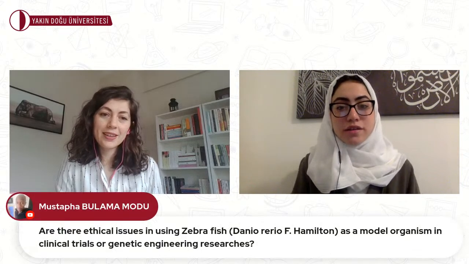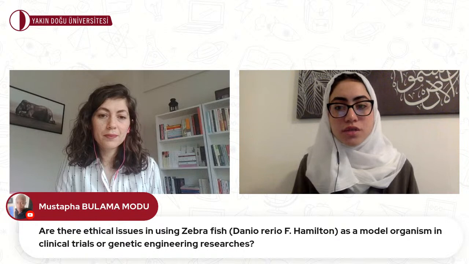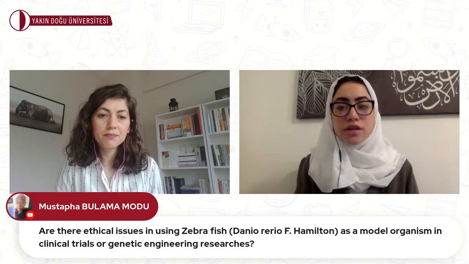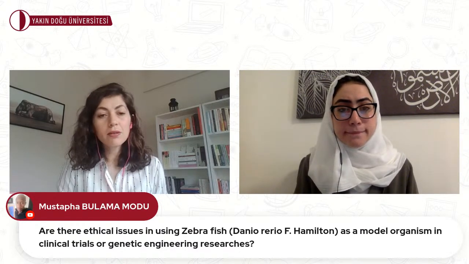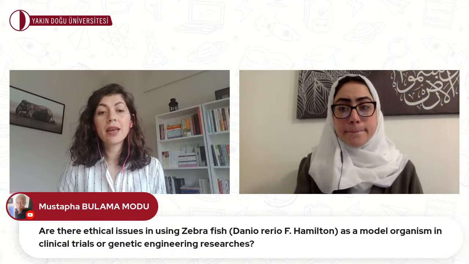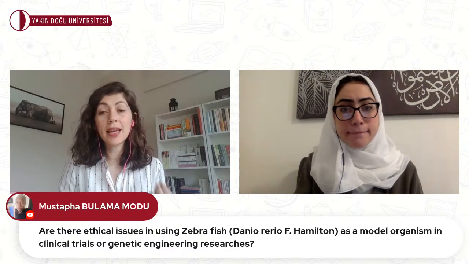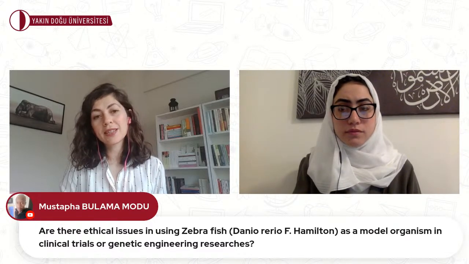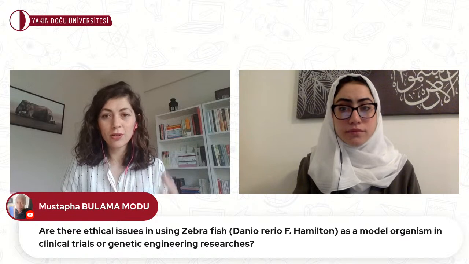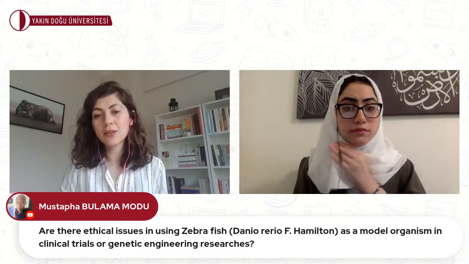Thank you, Doctor. There's another question: are there ethical issues in using zebrafish as a model organism in clinical trials or genetic engineering research? Yes, all animal experiments need to be done within ethical rules. So first you need to take your ethical certificates to apply, and to take your ethical experiment usage certificates.